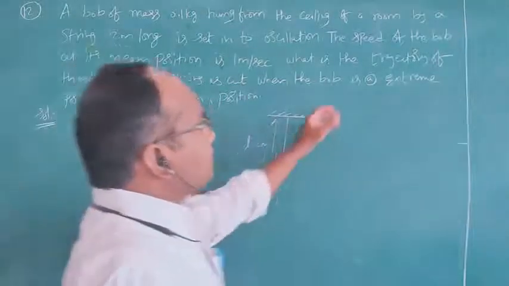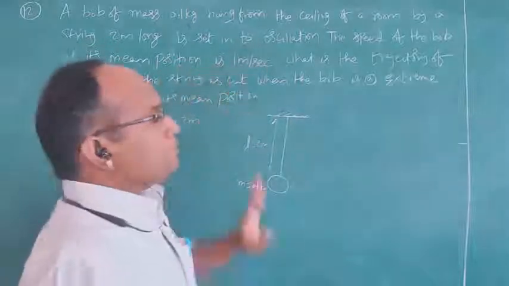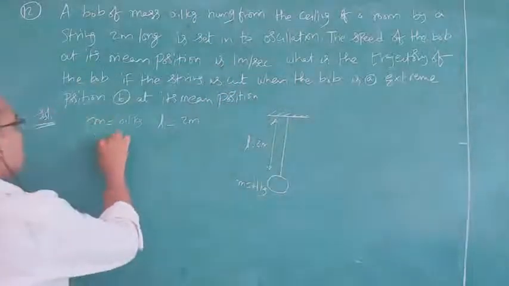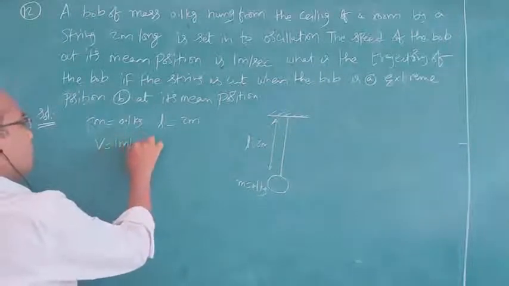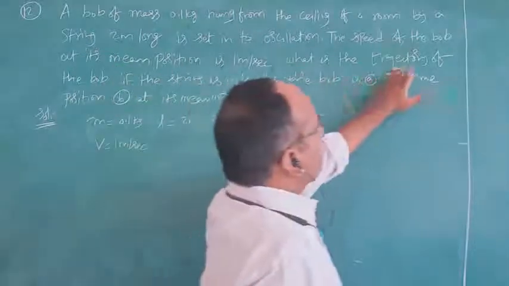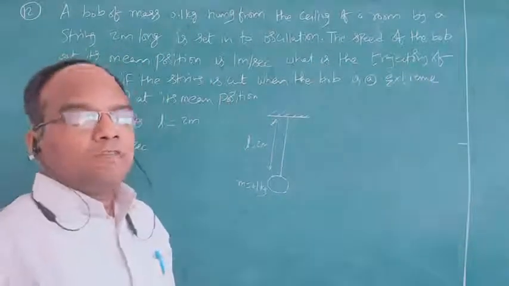The speed of the ball at the mean position is 1 meter per second. So it is moving with 1 meter per second. What is the trajectory of the bob? Trajectory means the path of the bob.